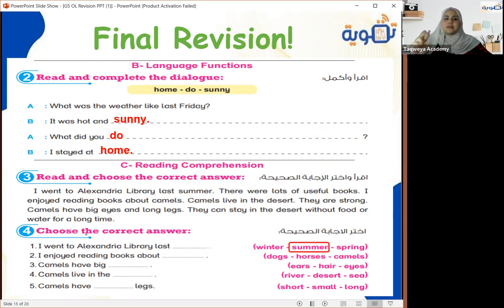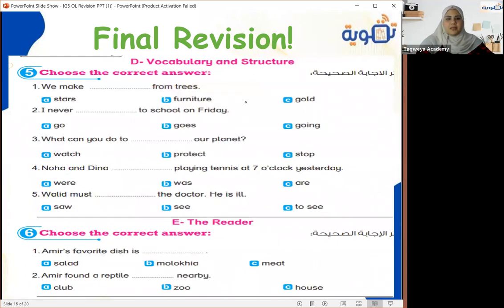Number 2, I enjoyed reading books about camels. 3, camels have big eyes. 4, camels live in the desert. 5, camels have long legs. Excellent job.